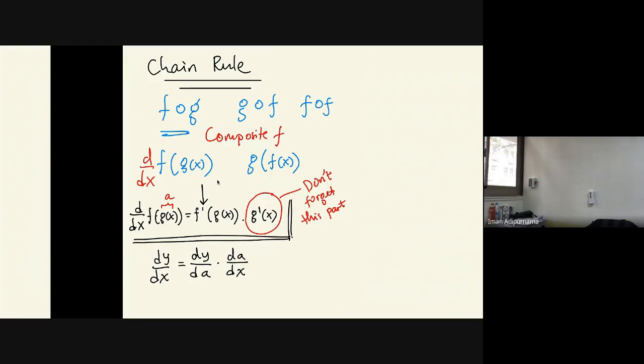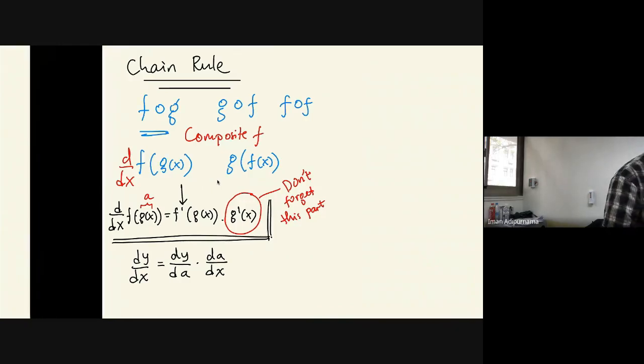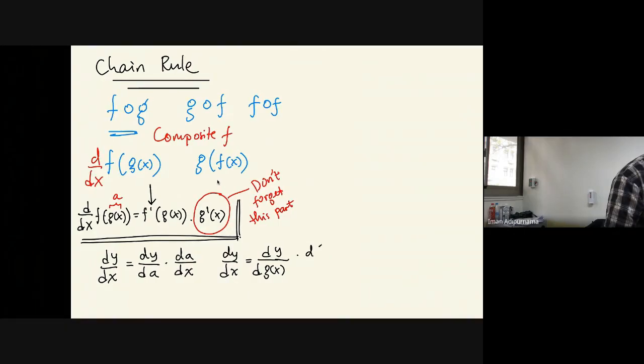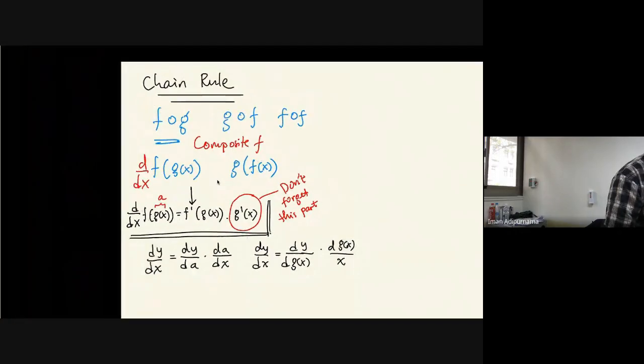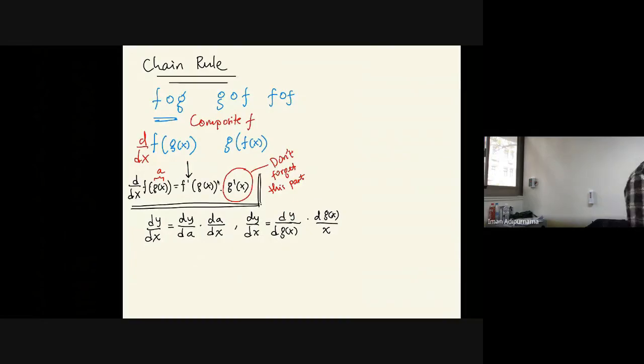So we can also write d of g of x, and this is y, and this is d g of x over dx. Okay, it's the same thing. But if you prefer to write in one variable, exactly a or u or v, then you can imagine the g of x is a variable a. So you derive the whole function here with the g of x.